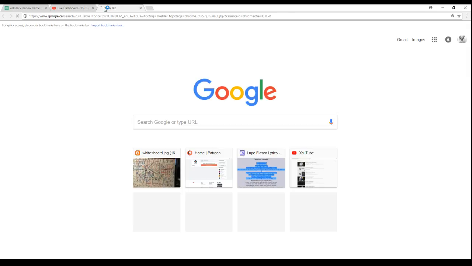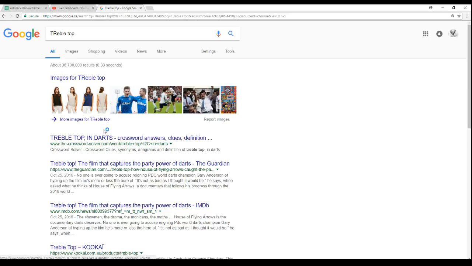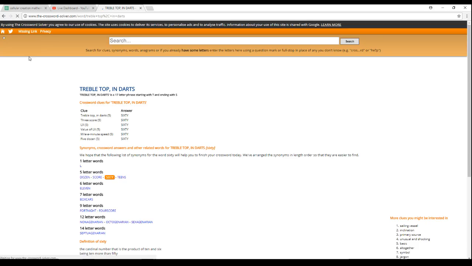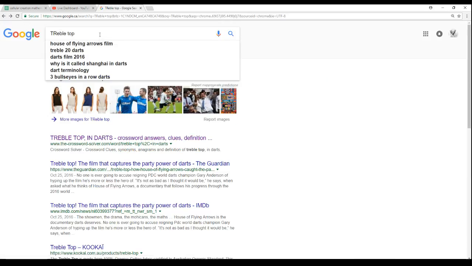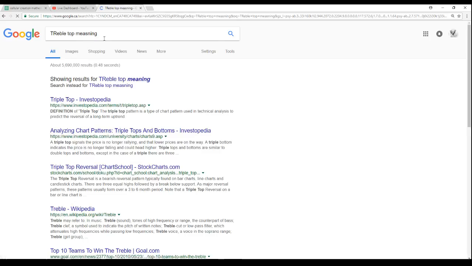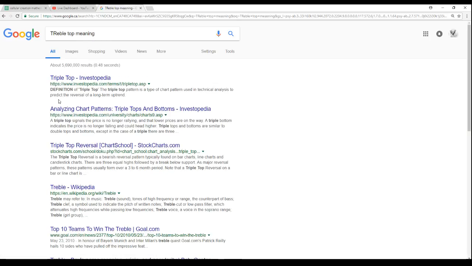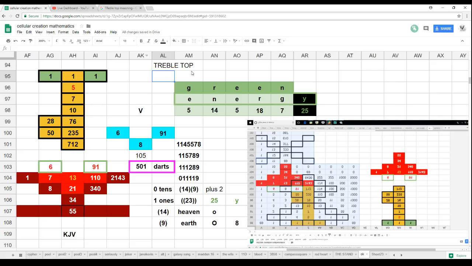Treble top. In darts, treble top means 180! Really? That's what it means? Treble top is 180, which is a 91, like you said. If you count the zeros, 1 and 18 is 9.